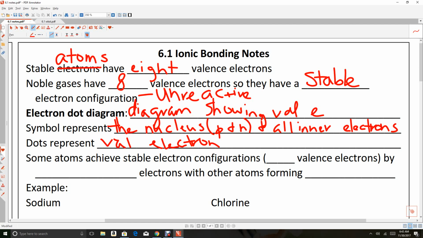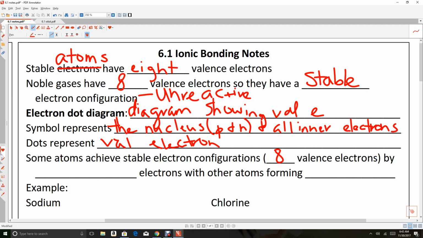And so I talked about how those diagrams are kind of the first step. And so once we draw what the 2 atoms look like, we kind of put them together and look at what happens. And so some atoms achieve stable electron configurations, which we've talked about, is just having 8 valence electrons. It doesn't really matter how many are inside the valence electrons, just 8 on the outside means it's stable.